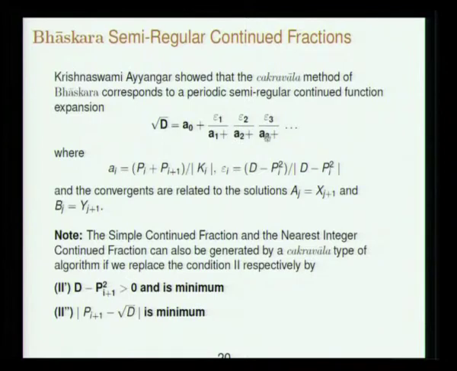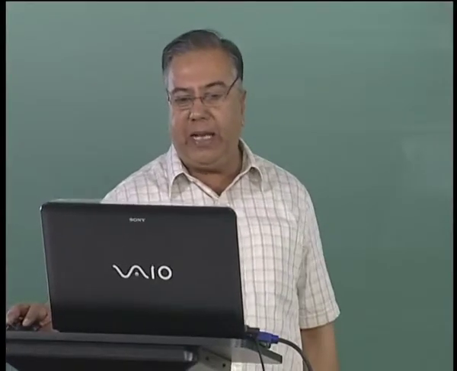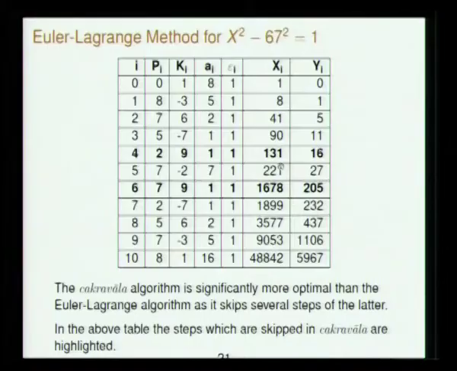So he showed that the Chakravala method corresponds to expanding root d as a semi-regular continued fraction. A0, A1, A2 are all given by our familiar quantities, pi plus 1 by mod ki. This epsilon I was also defined there. So you go back to that table, you can immediately write down there. So root 67, the Bhaskara's continued fraction.